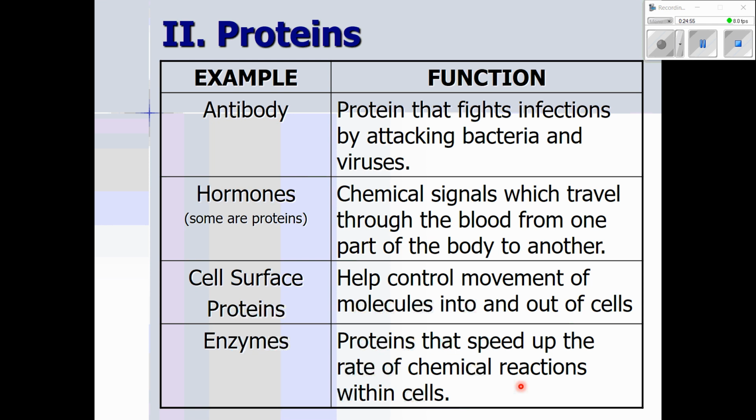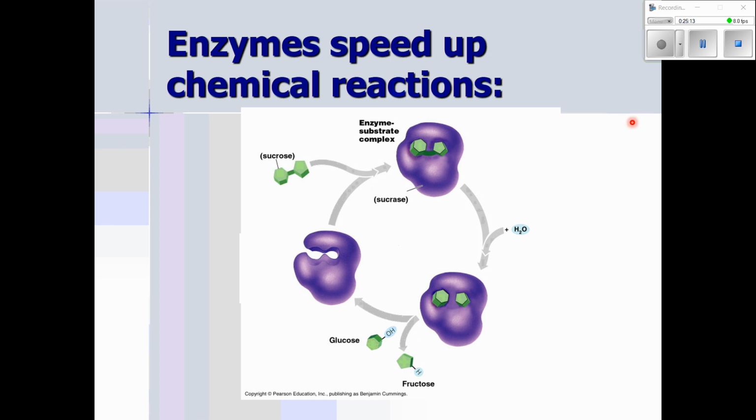Enzymes allow that chemical reaction to happen in seconds, milliseconds even. So their job is to dramatically speed up the rate of chemical reactions within cells. So let's take a closer look at how enzymes function.